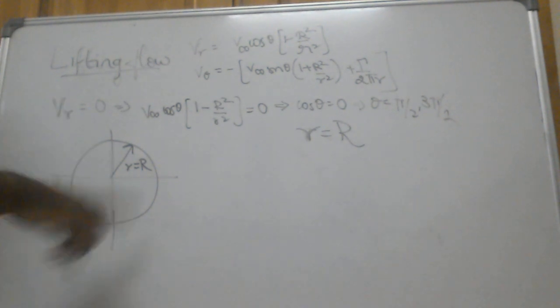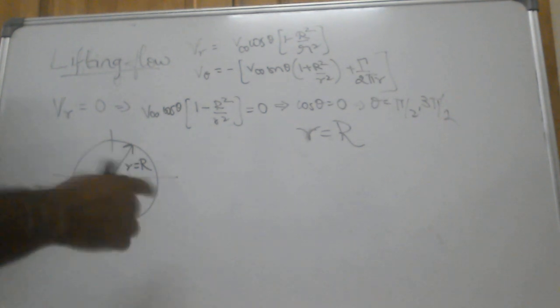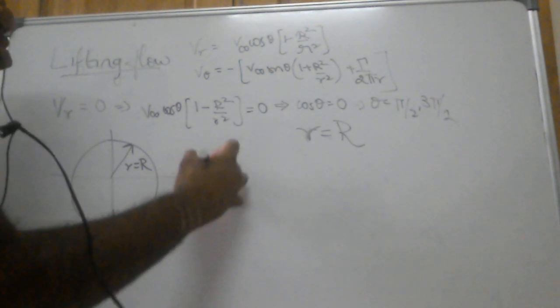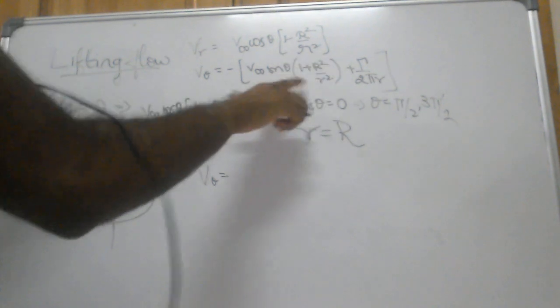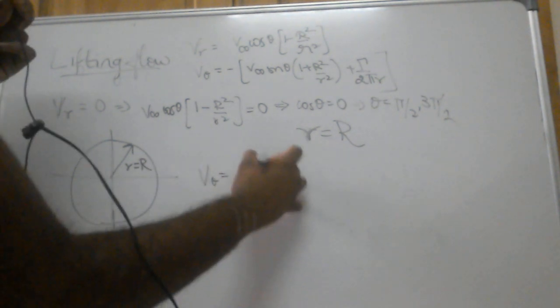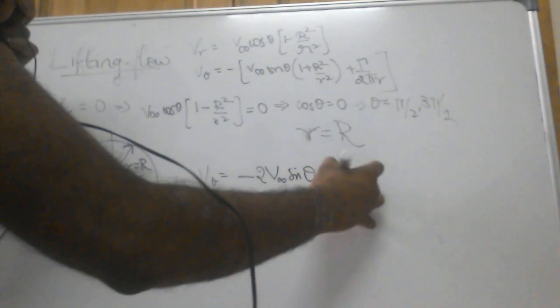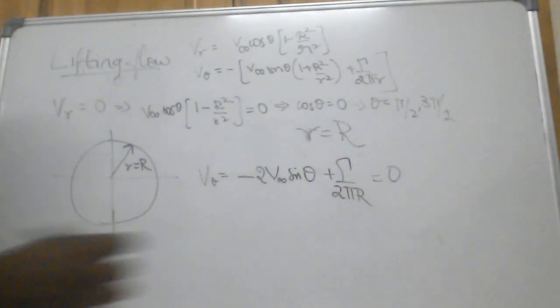So on this circle I'm trying to find which are those points where V theta also is 0. For that I need to substitute r equals capital R in the V theta expression, right? So that gives me V theta is equal to, this becomes 1 plus R squared by R squared being 1. This expression in the braces would be 2. So I would get a minus 2 V infinity sine theta plus gamma by 2 pi capital R equals 0.